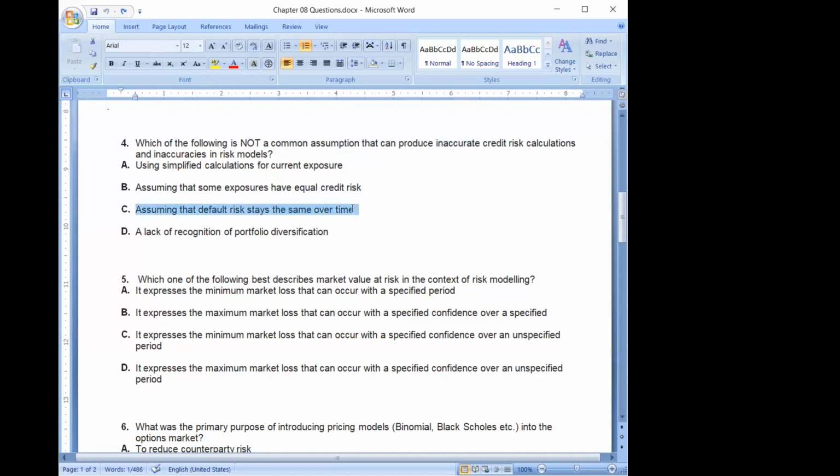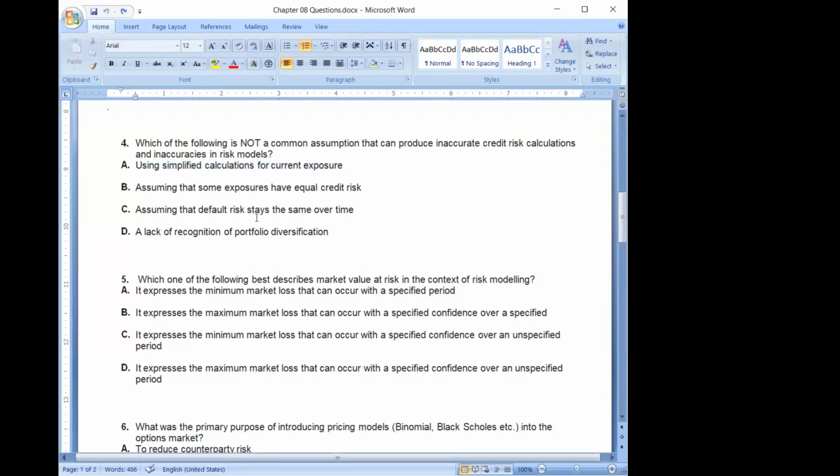Assuming that default risk stays the same over time, which is not the case, but that assumption can produce inaccurate results. Lack of recognition of portfolio diversification, yes, you don't recognize that, that is an assumption that can produce inaccuracy. So all these 3 points are valid. But the first one uses simplified calculation of the current exposure. Current exposure, there's no need. That will not predict its future because it's a current thing.